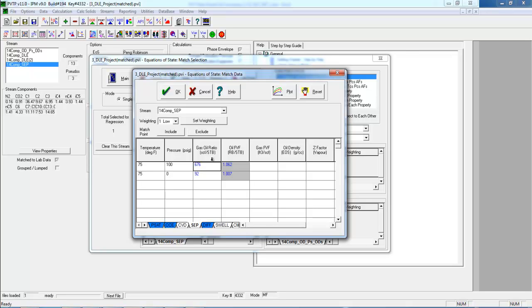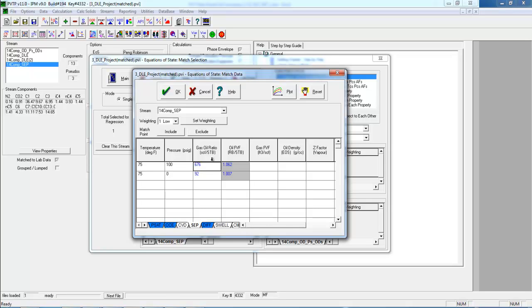And why we excluded CCE? Yeah, in DLE last step we say we don't need to match CCE, even from here, in this step. It's already matched, but how it is matched?